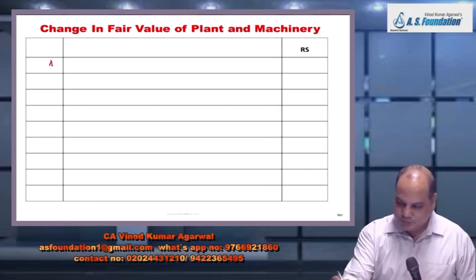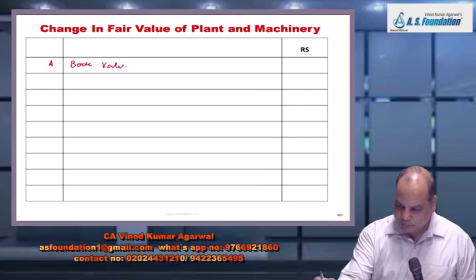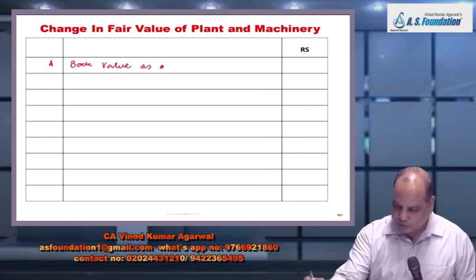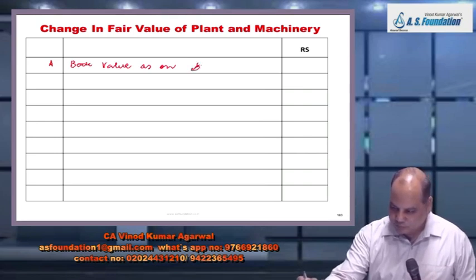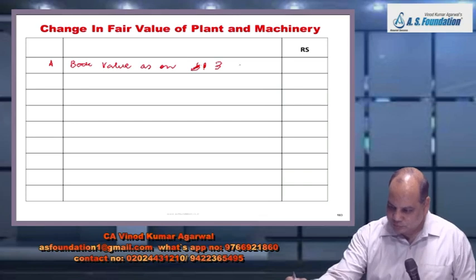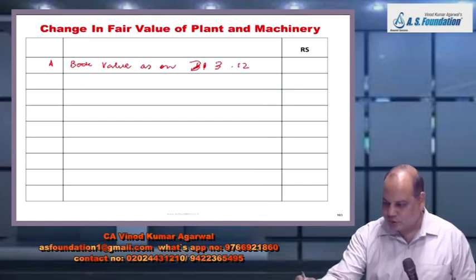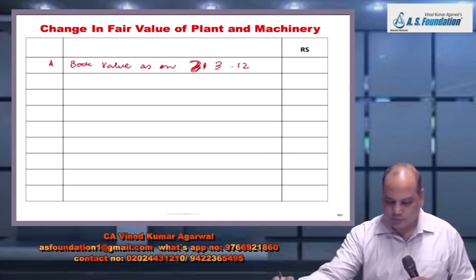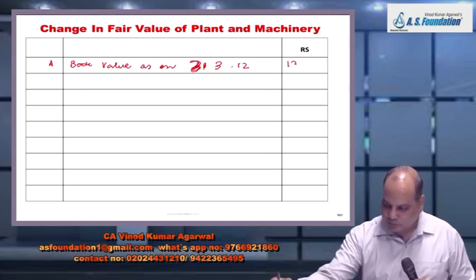Okay. So first you write down book value as on 31st March 12. What is the book value on 31st March 12? 13 lakh 50,000.